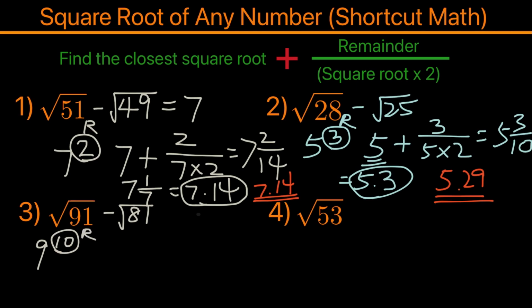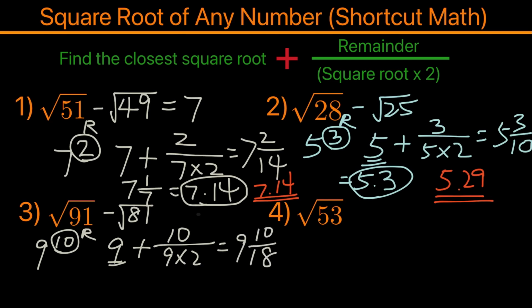So 9 plus 10 as a numerator, then we have 9 times 2, which equals 9 and 10/18. If we simplify it, it would become 9 and 5/9. 9 and 5/9 would be equivalent to 9.55.